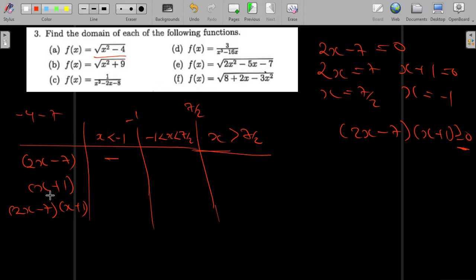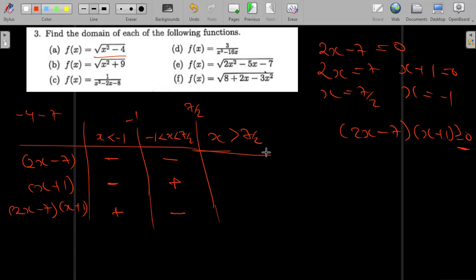Replacing negative 2 in the other also gives a negative value. Negative by negative gives me a positive. Then I pick a value in between, 0. Putting 0 in the first gives a negative value, and in the second gives a positive value. Negative by positive gives me a negative.